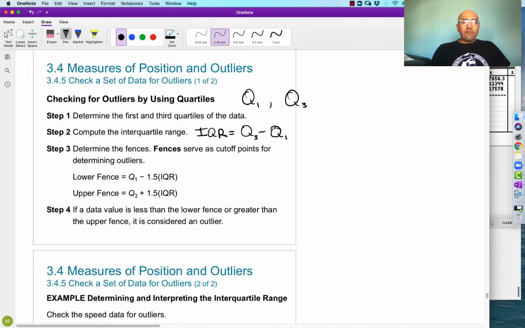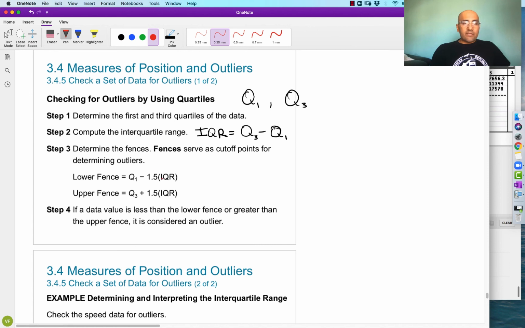Once we find that, we're going to find the lower fence value, which is Q sub 1 minus 1.5 multiples of the IQR, whereas the upper fence is Q sub 3 plus 1.5 multiples of the IQR.